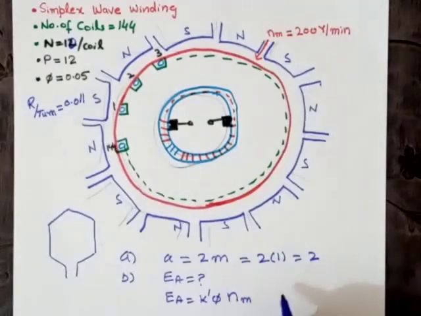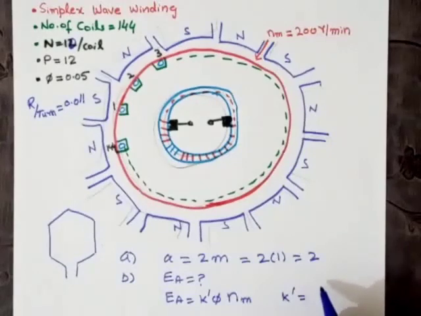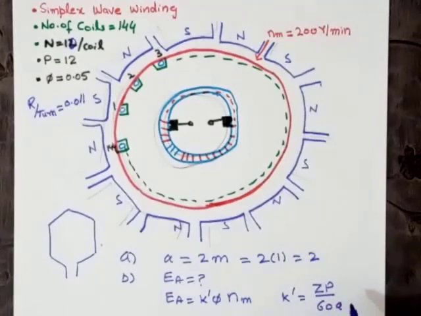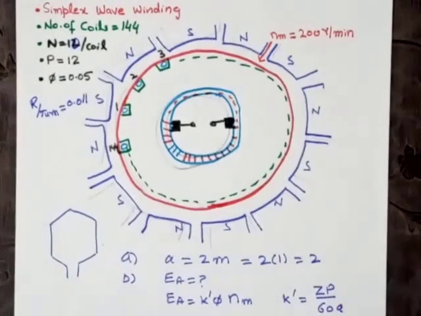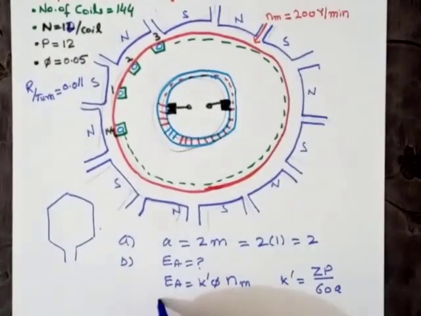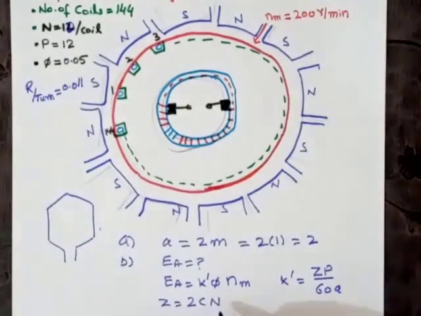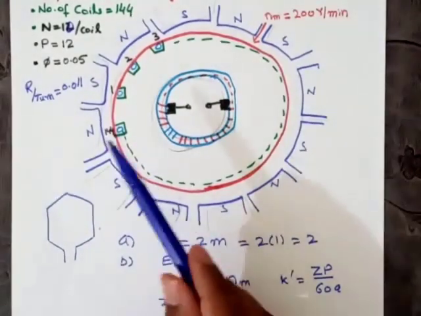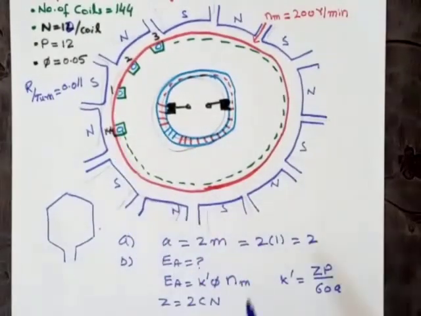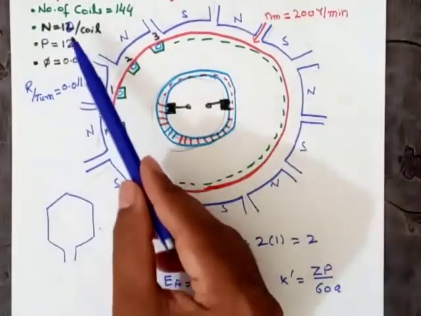As we know, K dash is equal to Zp over 60A, where Z is the total number of conductors. As we know, Z is equal to 2CN, where C is the number of coils and N is the number of turns. Here the number of coils C is given as 144 and the value of N is given as 10.